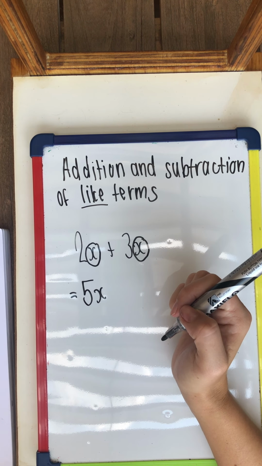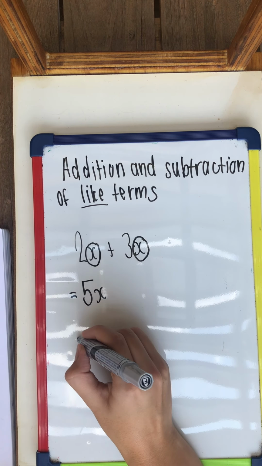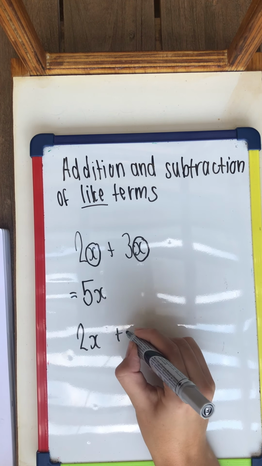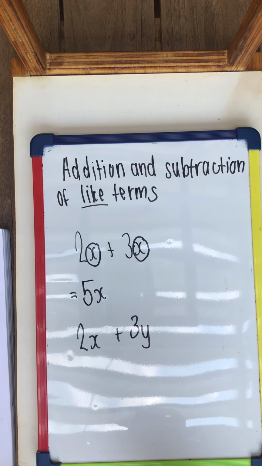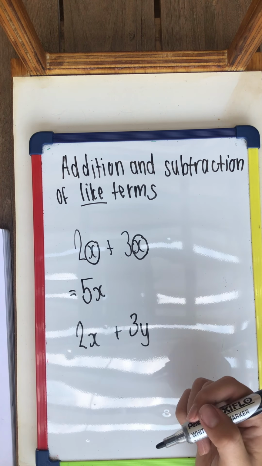If I've got, for instance, 2x plus 3y, now this is different, because this is oranges and this is apples. I can't add them together.